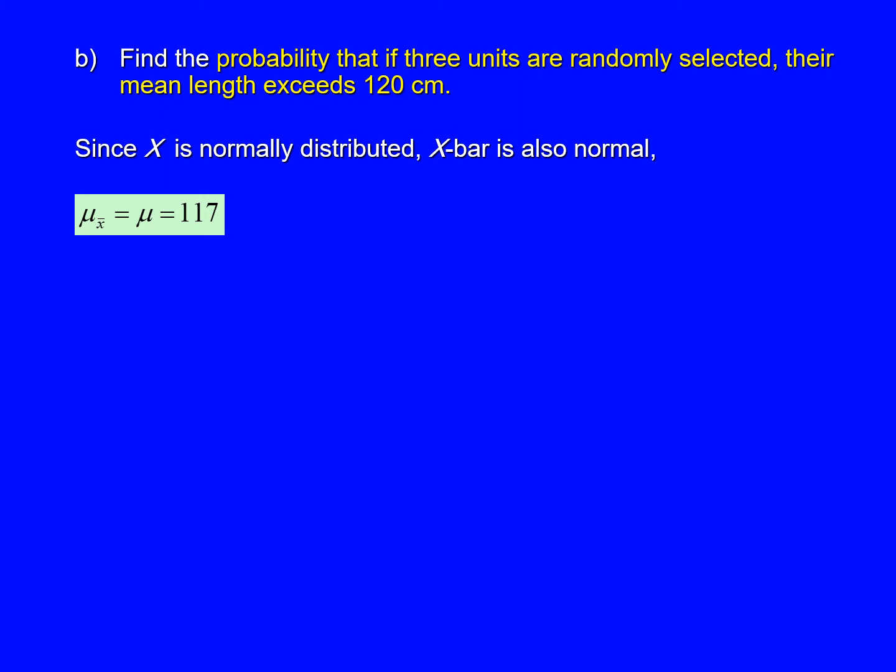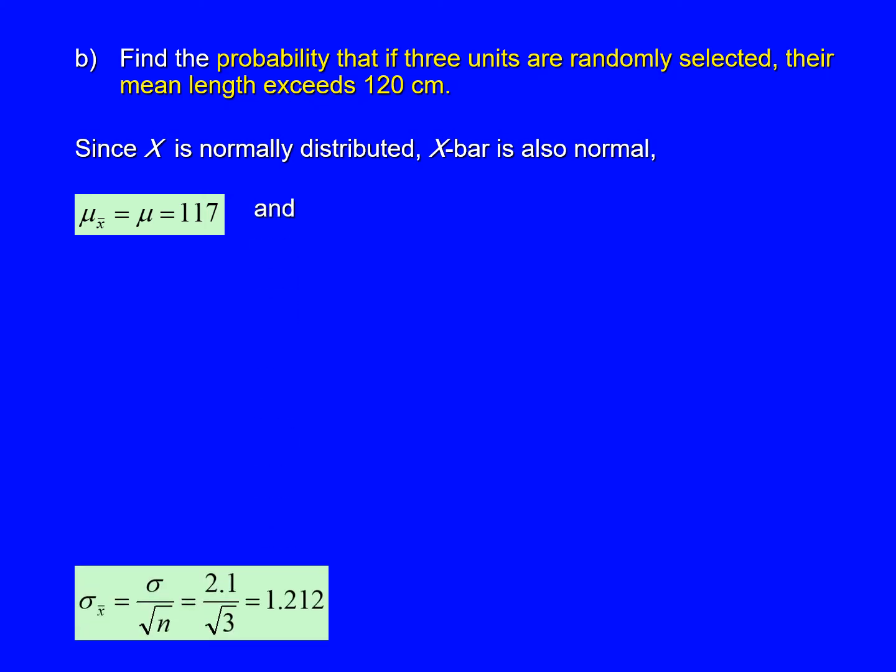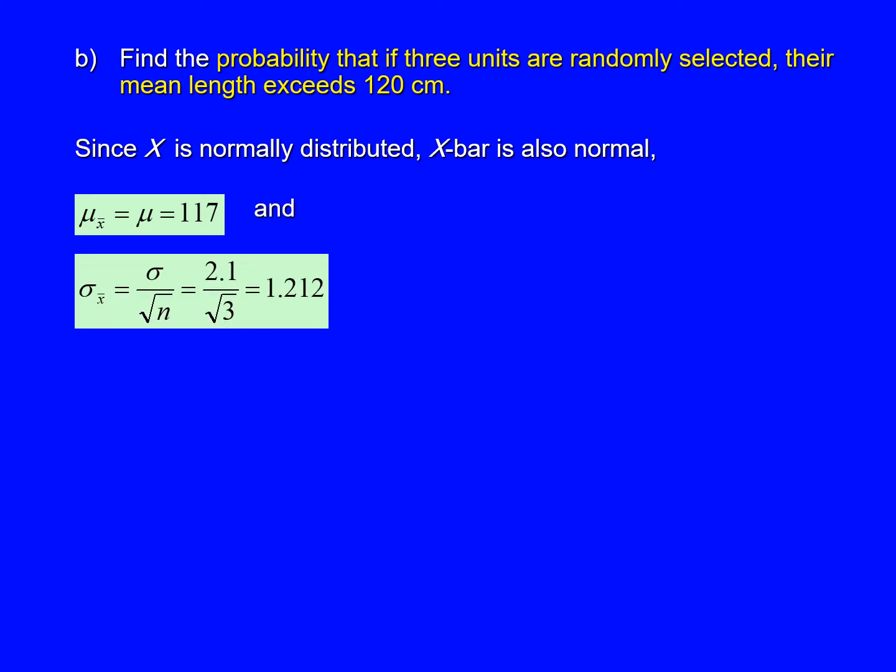So we have the expected value for X bar equals mu, which is 117, and the standard error is sigma over square root of n, and sigma and n are given as 2.1 and 3 respectively.